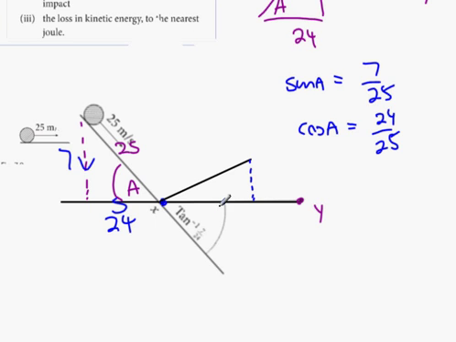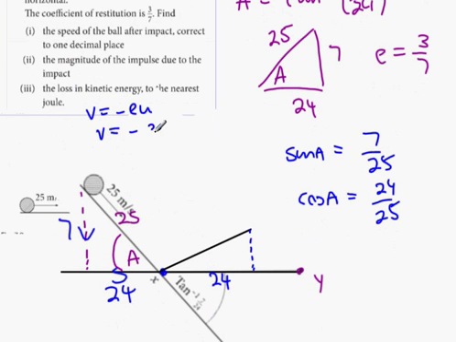And then on the way up, it was 7, so v equals minus eu. Your final velocity equals minus your E value. My E value is 3 over 7, and my initial velocity was 7. It means it's going to come back up at a speed of 3. So 24 across, 3 up.